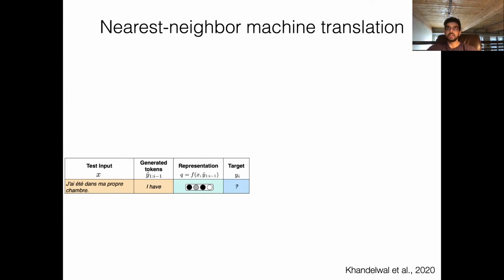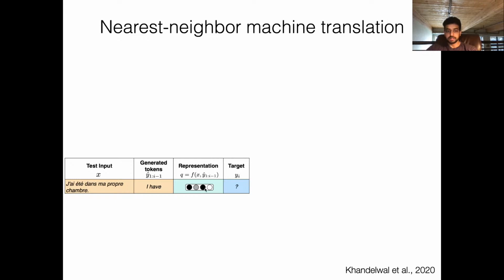So here, given that I have this representation, I want to use it to predict the correct next word. And normally what we would do is take this representation and feed it to a softmax layer over the target vocabulary to predict the next word. But in this model, we do something different.